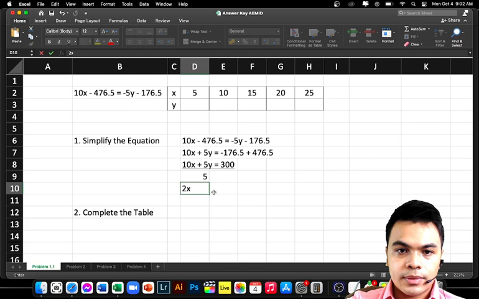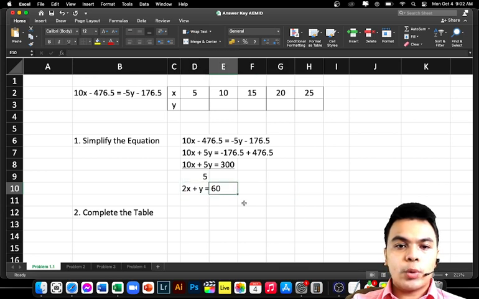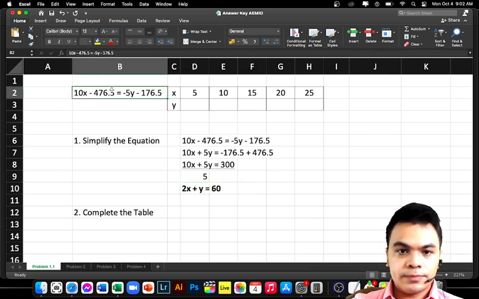X plus 5 divided by 5. So, cancel yan. Y is equal to 300 divided by 5 is 60. Ayan. 2x plus y is equal to 60. So, this is now the simplified form of this equation.